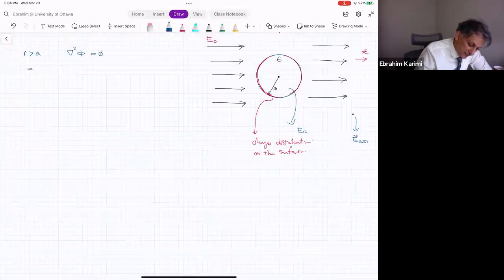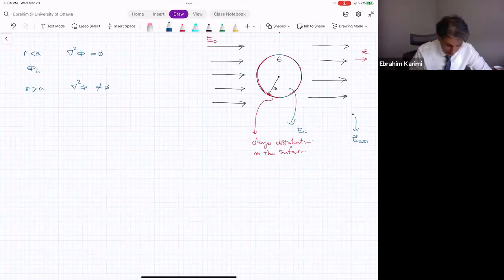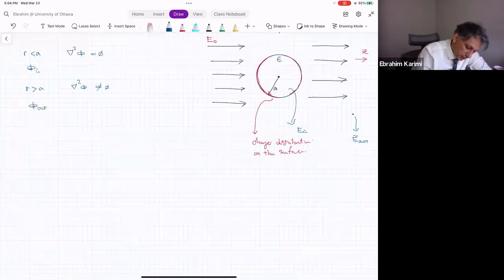I call it phi in, and that was R smaller than A. For R greater than A, the Laplacian of phi in principle is not 0 because we know what's happening. I'm assuming also the infinity, where the field is created, which I have phi out, okay?